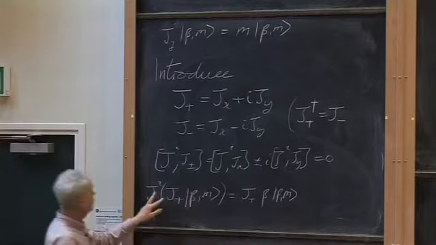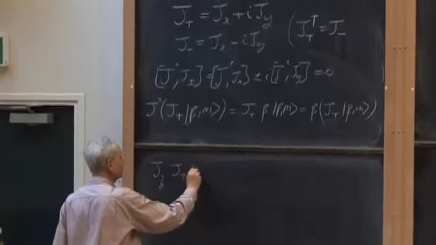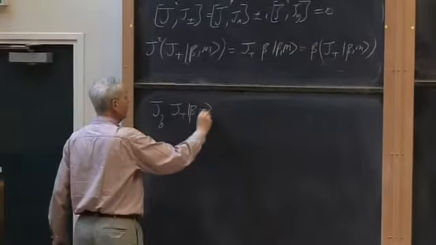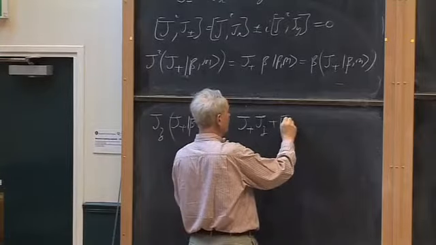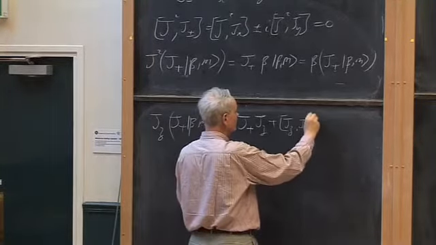Encouraged by that, the next thing to do is to have a look at Jz on J plus beta m. Now, when we swap these two over, well, we want to swap the two over, but of course we can't, so we do the usual business. J plus Jz, I've swapped them over, and then add in what we should have and take away what we're not entitled to. Jz comma J plus, commutator, brackets, beta m.